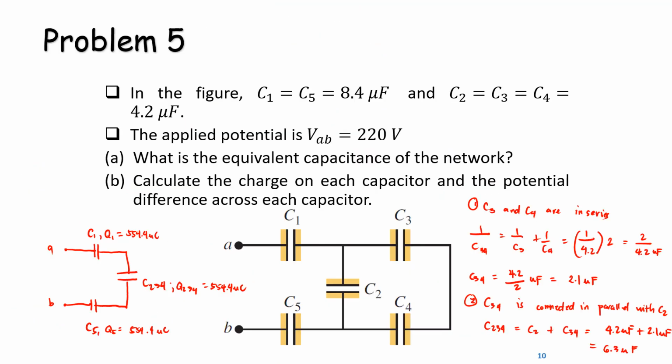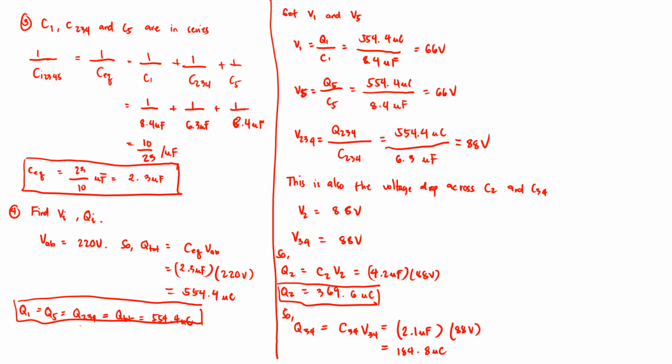Now take note that C3 and C4 are in series with each other. So if the charge across C34 is 184.8 microcoulomb, then the charge on C3 is also 184.8 microcoulomb, and also the charge on C4.